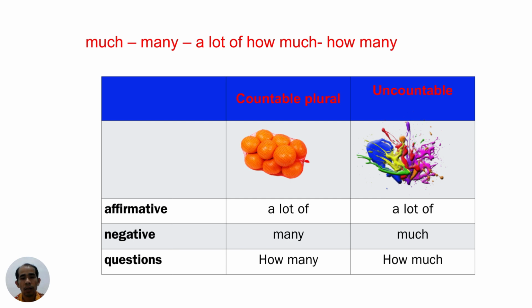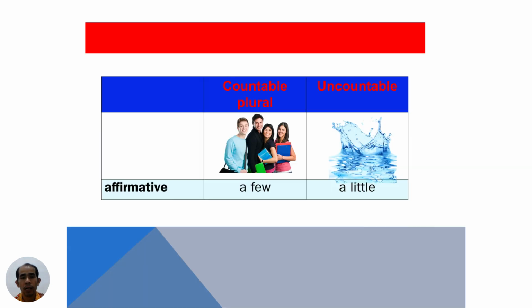In uncountable nouns, we use a lot of, how much paint, how much money. That's the quantifier.